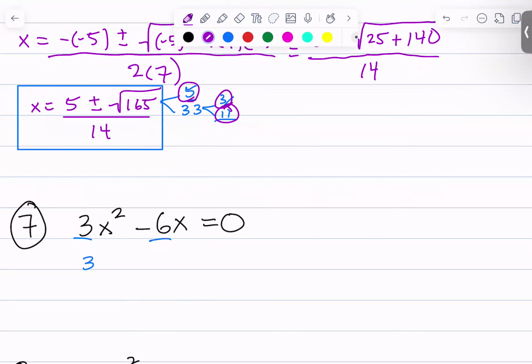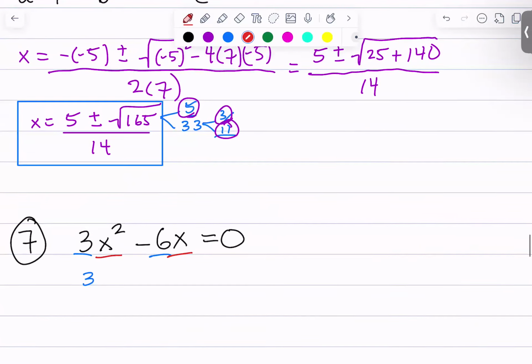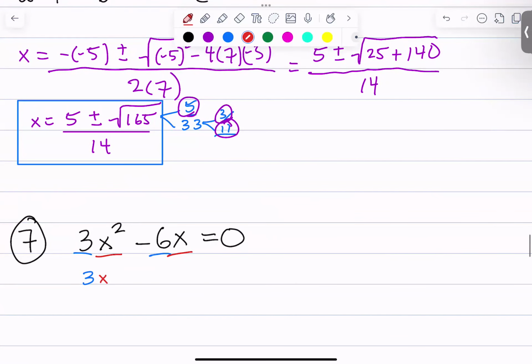How about the variables, x squared and an x? 1x, right? So if I divide everything by a 3x, what is left over? 3x squared divided by 3x is x minus 2. So 3x times x minus 2 equals 0.